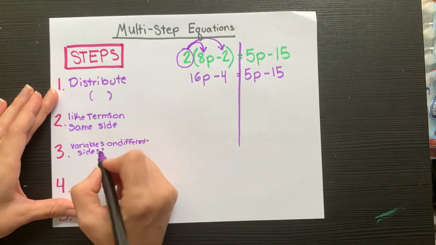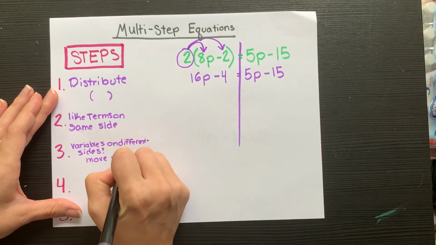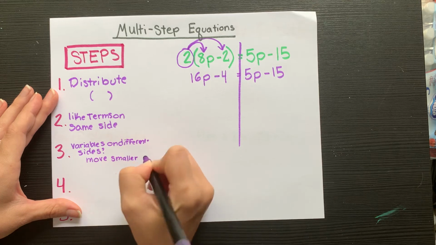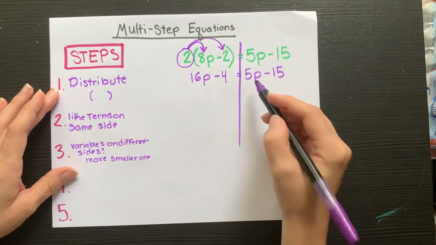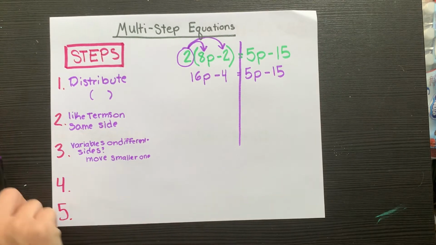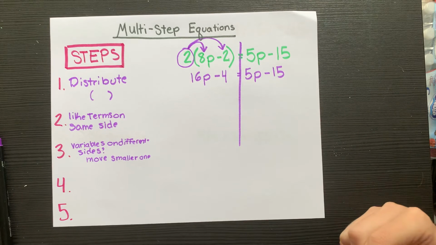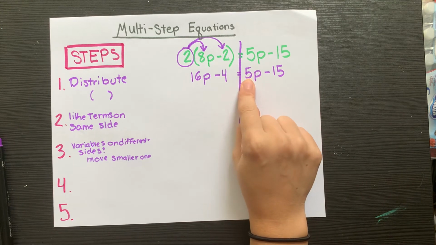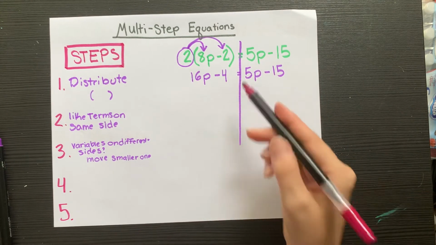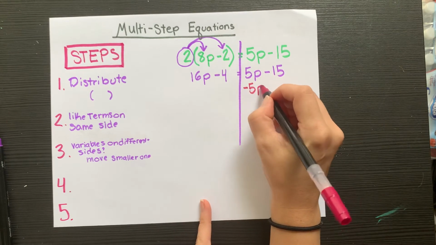If you do, you want to move the smaller one. So here, if I look, 5 is smaller than 6, so we're going to move the 5 over. To move that over, we use the same rules we did in the last lesson. We have to do the opposite. This is a positive 5p, so the opposite of positive is negative. So I'm going to minus 5p.